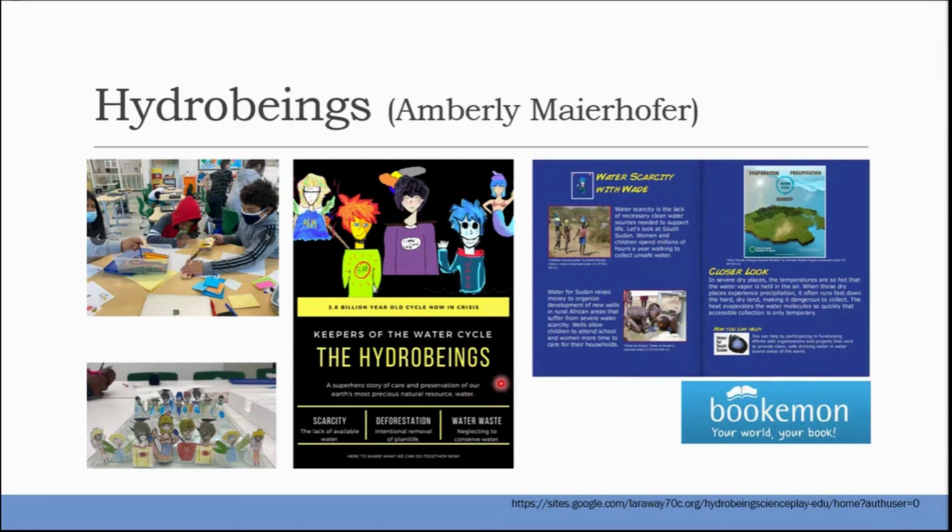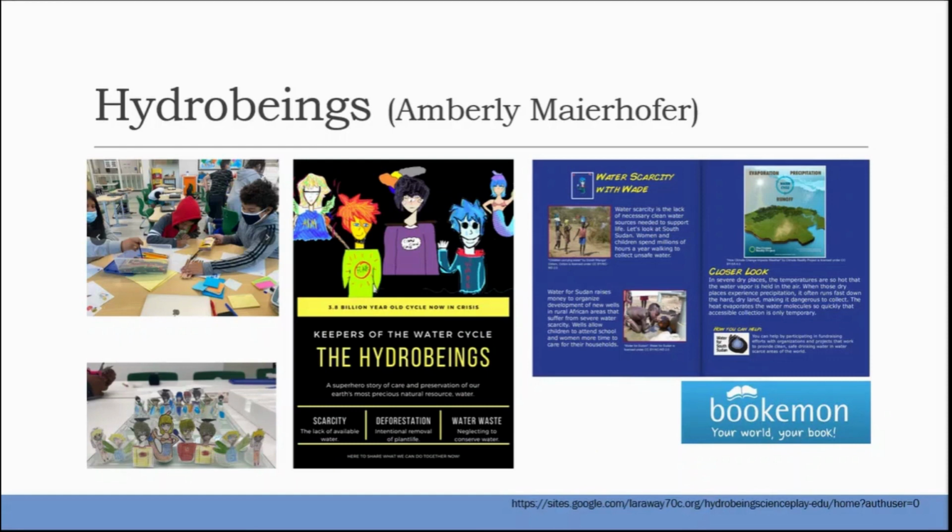But what was really transformative for this is that not only did they talk about the water cycle from the angle of these characters, but they connected it to environmental awareness, understanding water scarcity from one of the characters' perspectives and how that interacts with the water cycle. This book was created by Bookymon, a really easy way for students to create books.